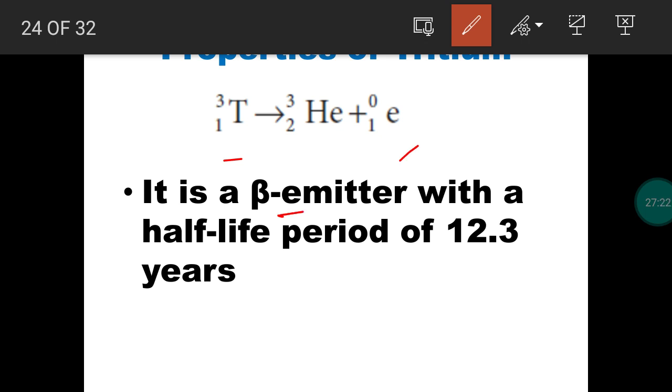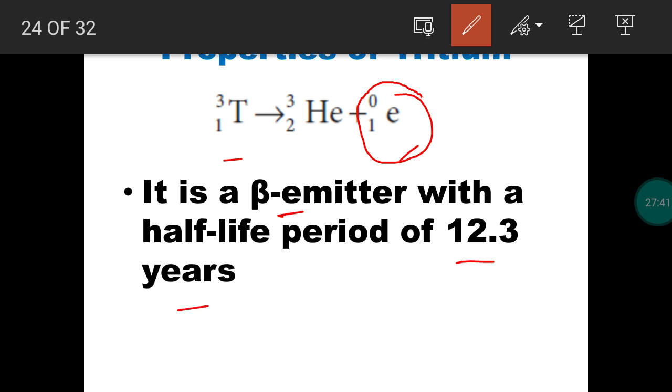Beta particle. So it is called a beta emitter. This is the symbol of the beta particle. And the half-life period of tritium is 12.3 years.